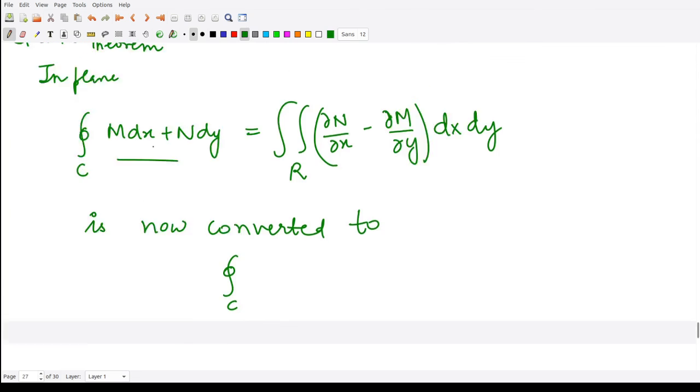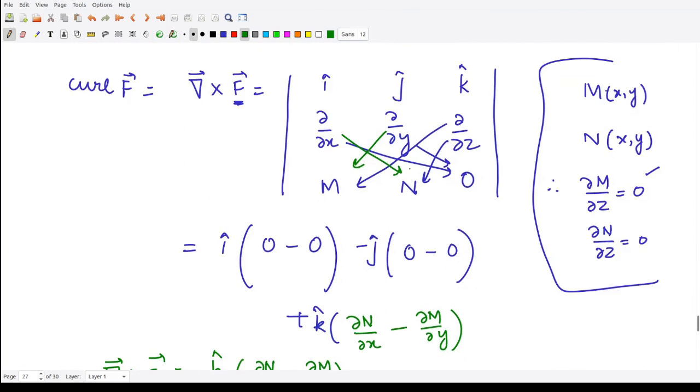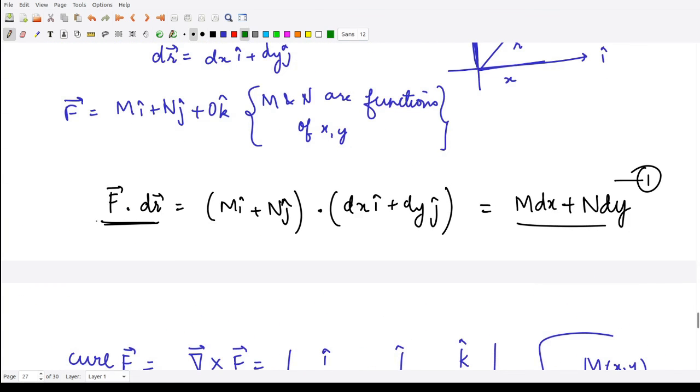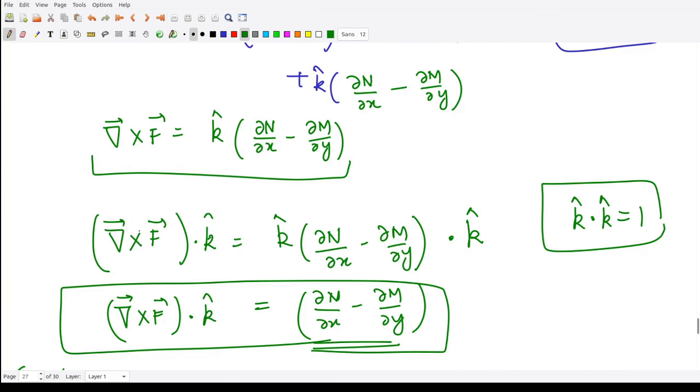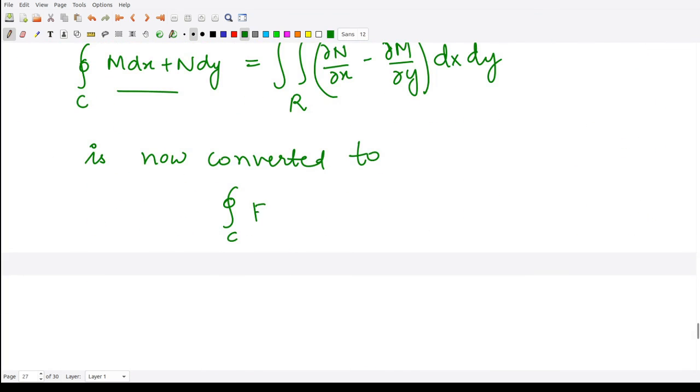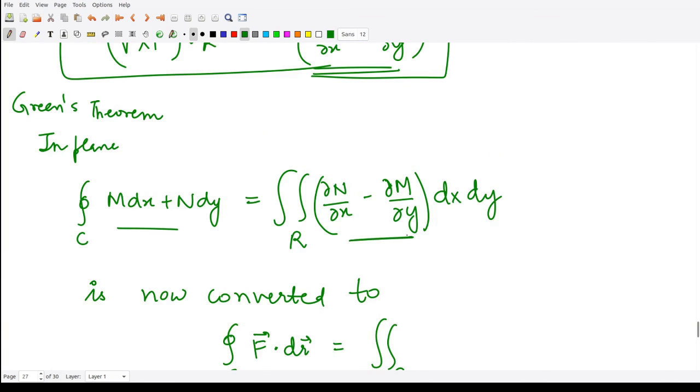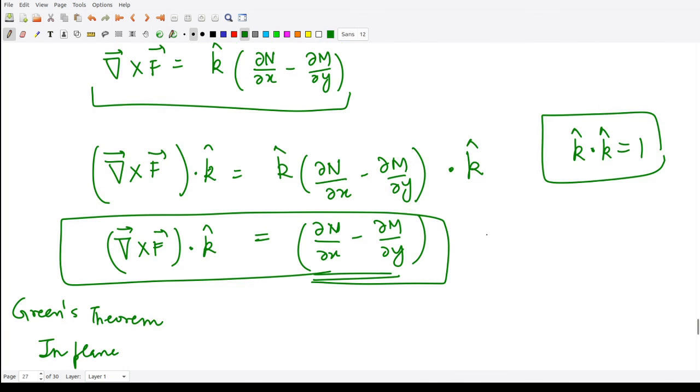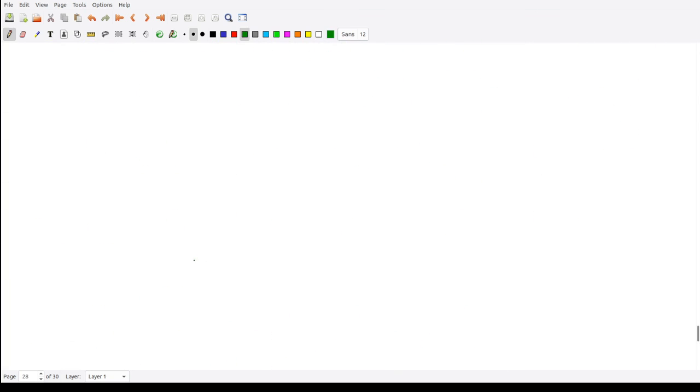Now the value of m dx plus n dy that we obtained in equation number 1 is f dot dr. So we write it like here. We have f vector dot dr vector. This is equal to the double integral over R. Now the value of del n by del x minus del m by del y we obtained in equation number 2 as del cross f dot k cap.